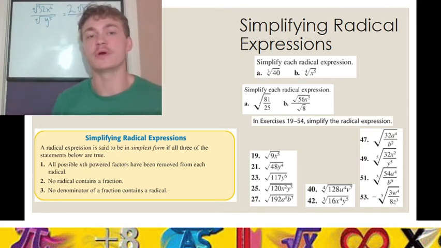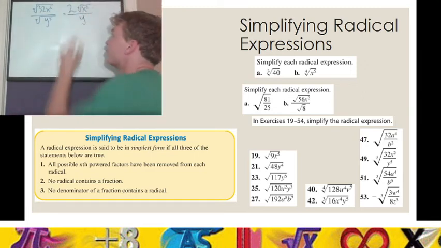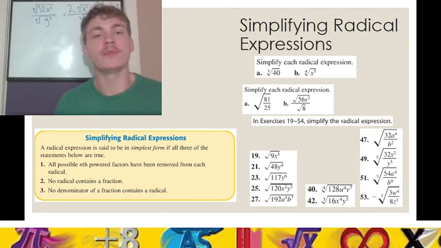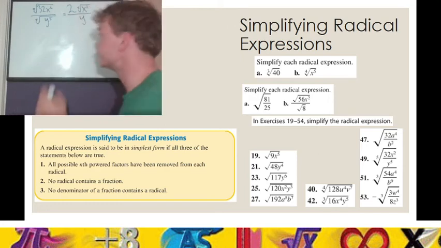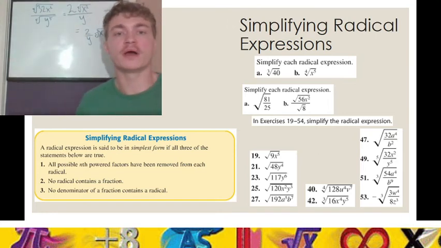Thus, they cancel due to our rule of the inverse property. The 5th root of y to the 5th power is simply y. So we have 2 times the 5th root of x squared divided by y, or if we write it in terms of a radical expression, we have the fraction 2 over y multiplied by the 5th root of x squared.